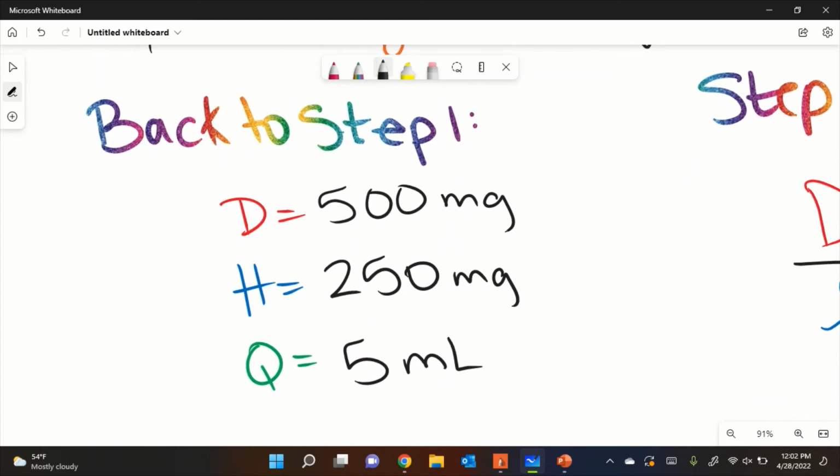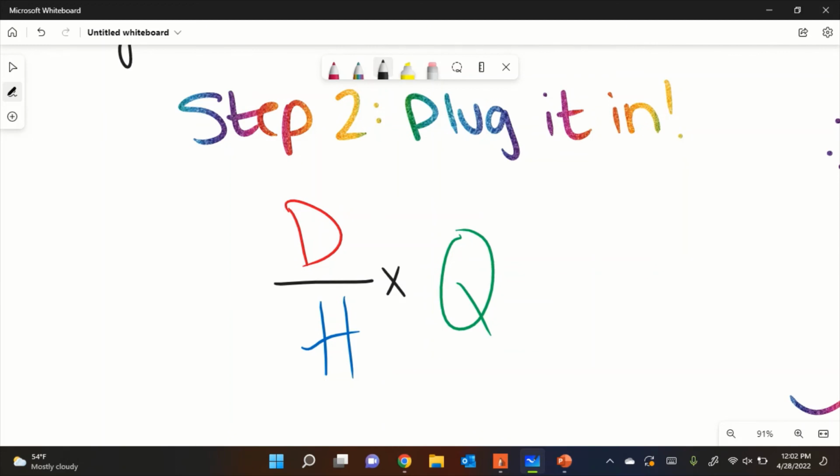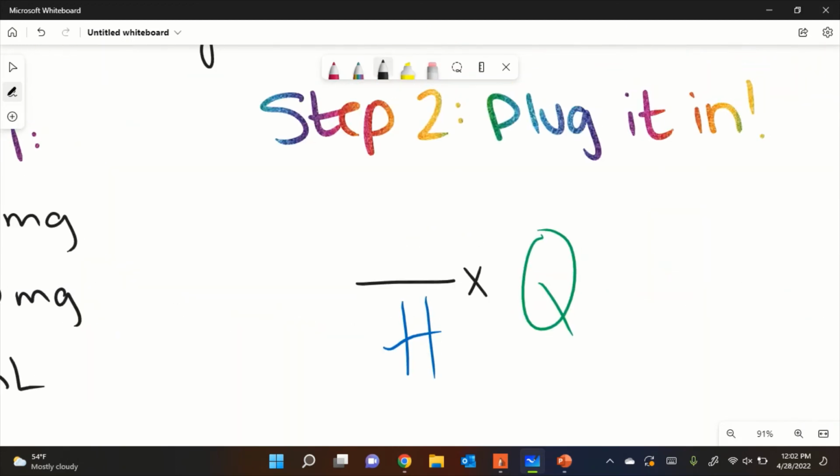So we're going to go back to step 1. But instead of having 25 hundredths of a gram, we've changed our H to 250 milligrams. Finally, we can move on to step 2 and plug it in. D is 500 milligrams.